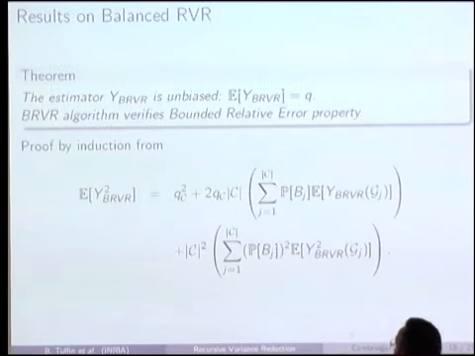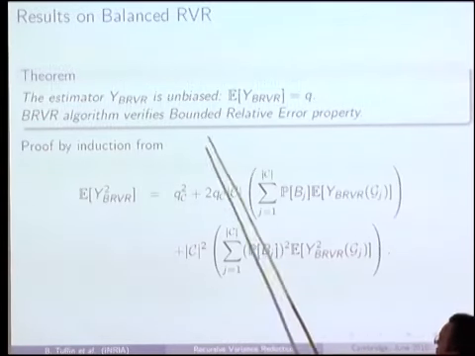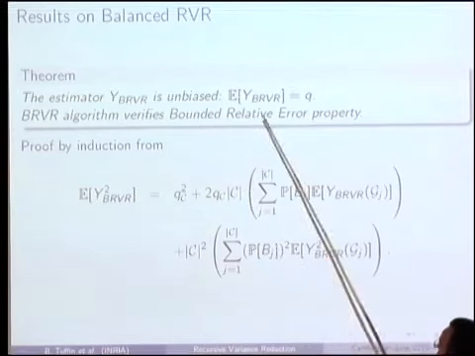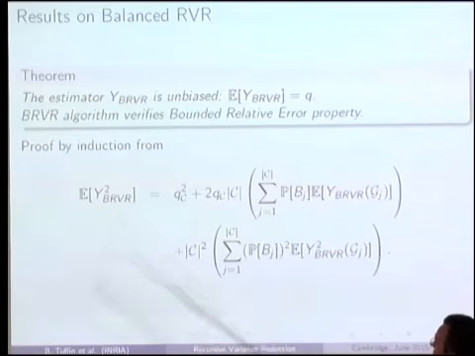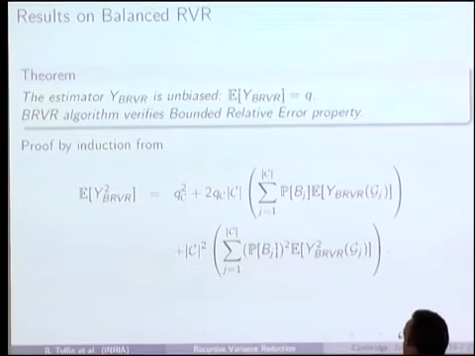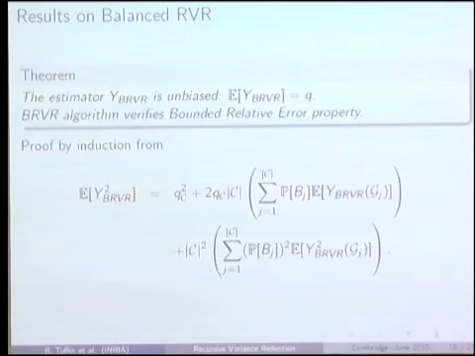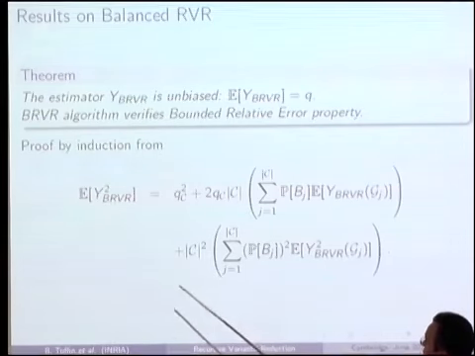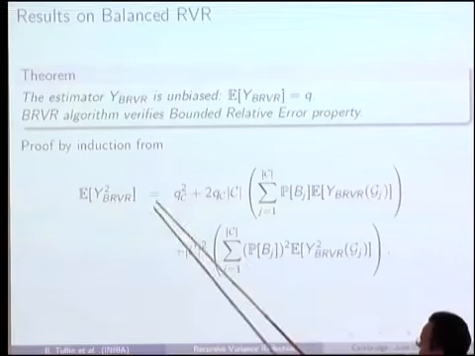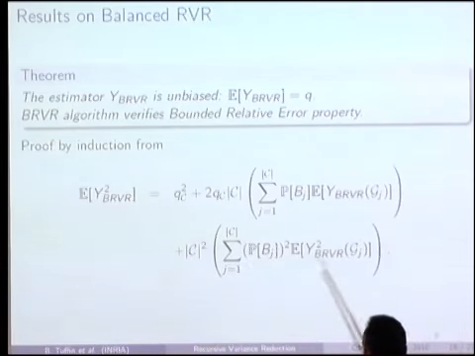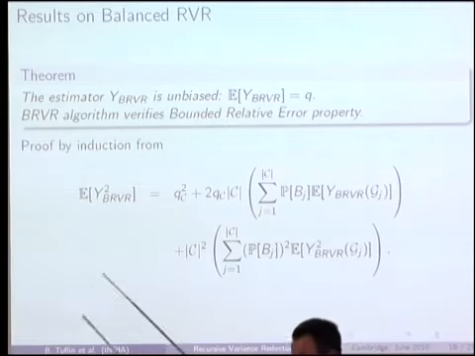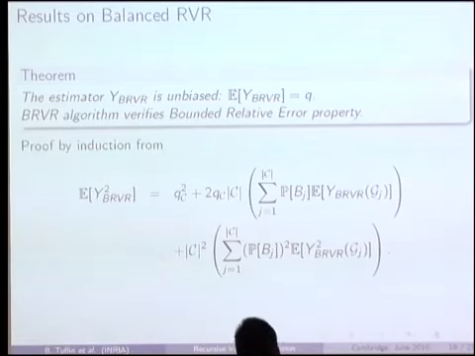And what we can prove in this case is, of course, that our estimator is unbiased, but also that the estimator verifies the bounded relative error property. And this can be done quite easily by induction, working on the second moment, and from the second moment and first moment of the subgraph that we have.